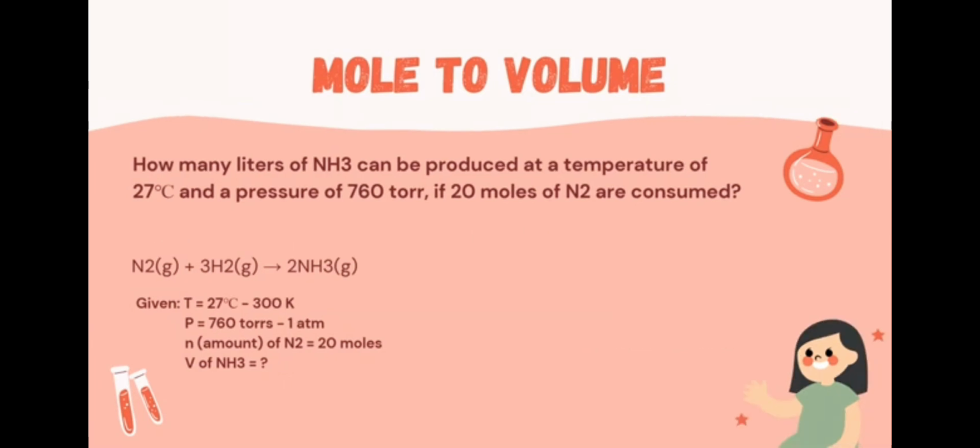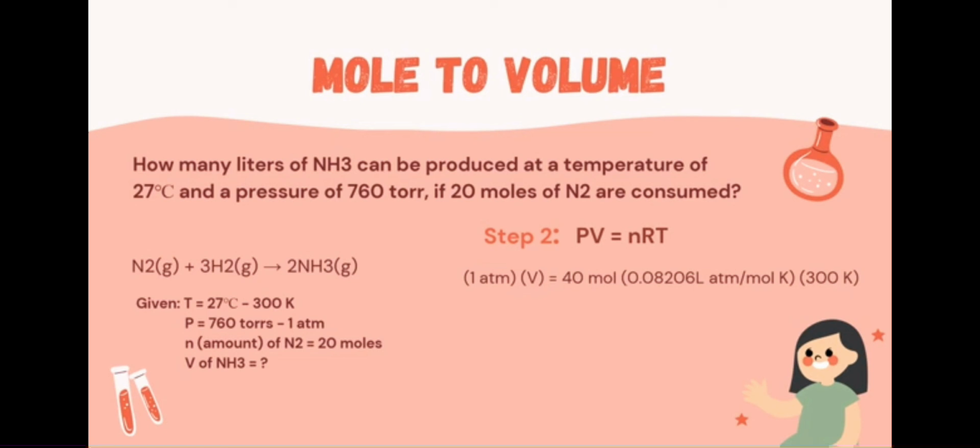Now that we have the moles of ammonia, we can use the ideal gas law equation to solve for the volume in liters. So that's PV equals nRT. Substitute the values: 1 atm times volume equals 40 moles times 0.08206 liters atm over mole K times 300 Kelvin.